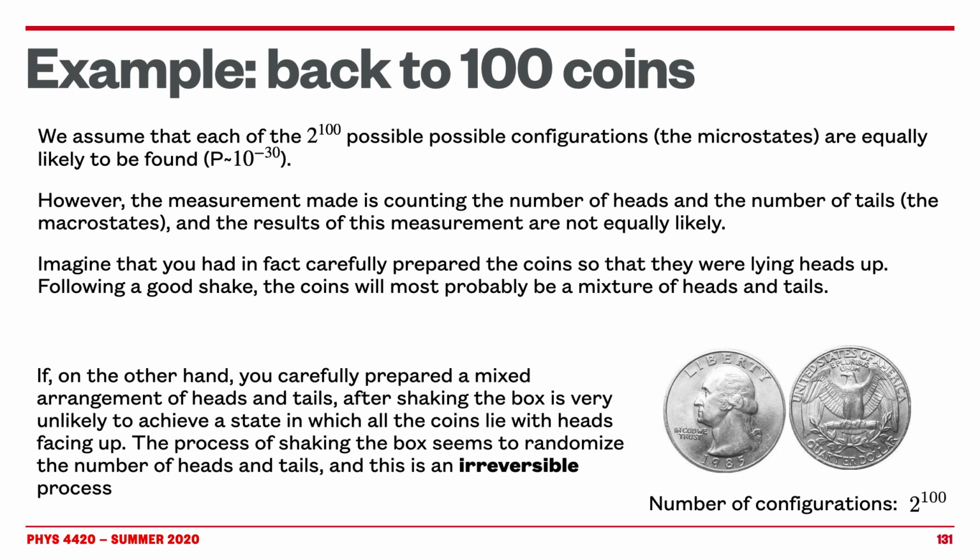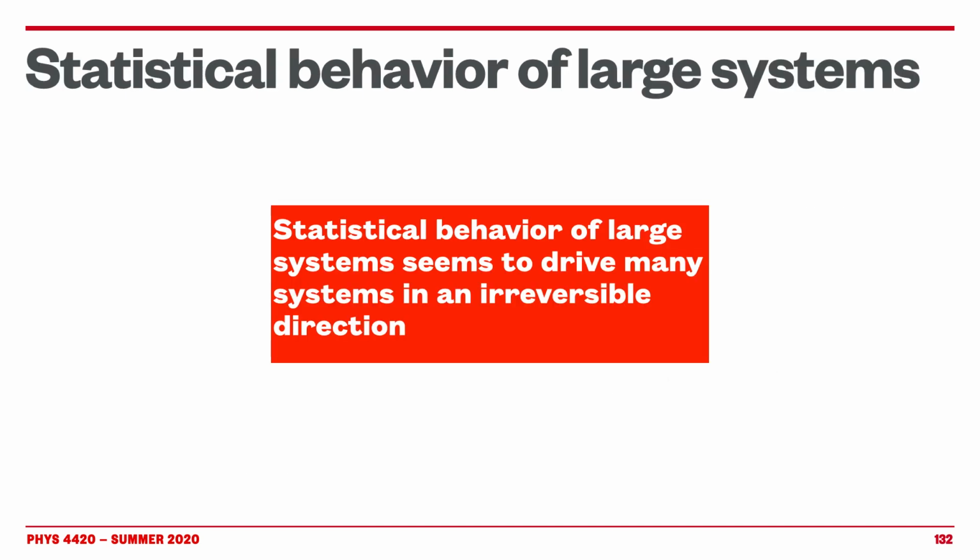Just to say, we have 100 coins. The numbers are already extremely tiny. Imagine that we have a macroscopic amount of material. It's going to be even worse. So we can come up with a very important principle: the statistical behavior of large systems seems to drive many systems in an irreversible direction.